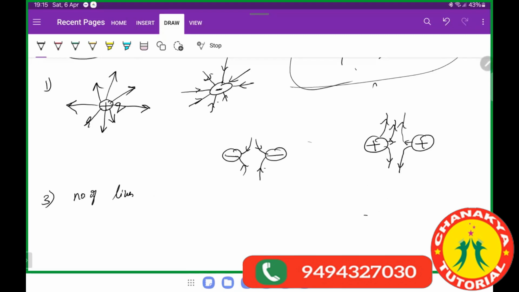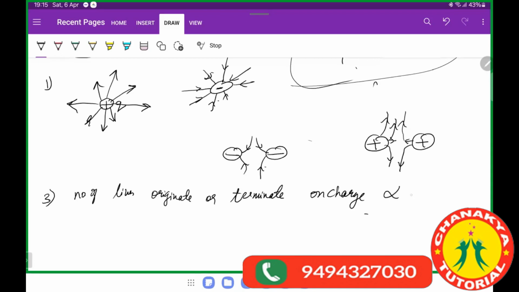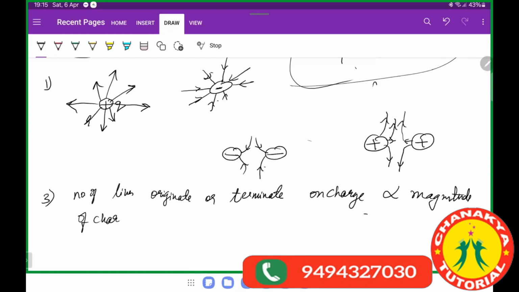Similarly, we can write here: the number of lines that originate or terminate on a charge is proportional to the magnitude of the charge.